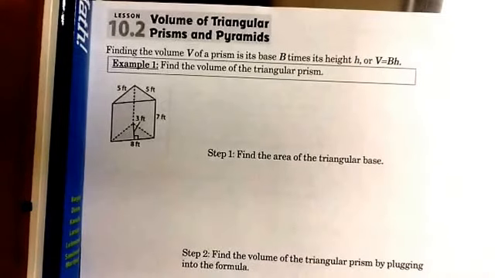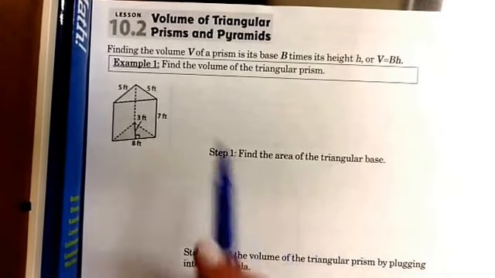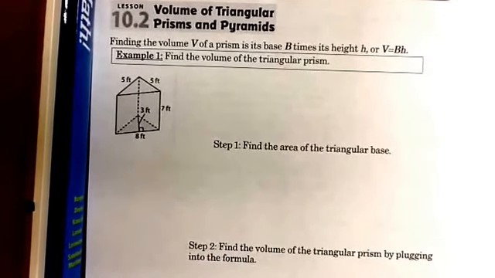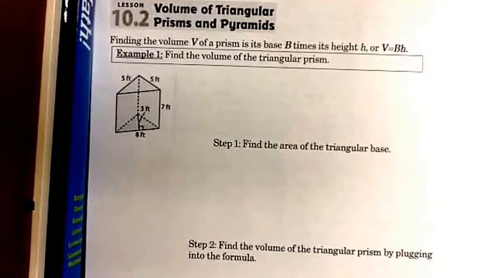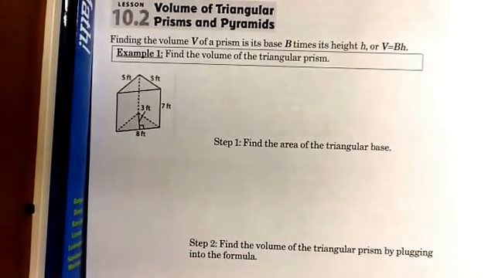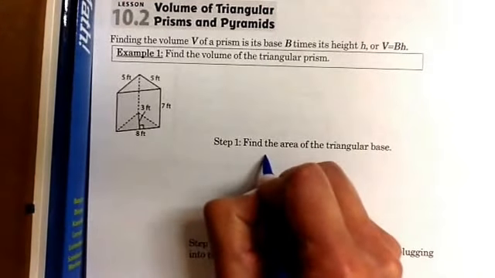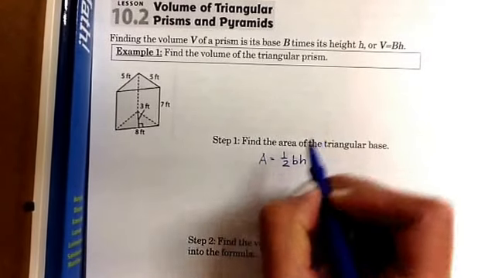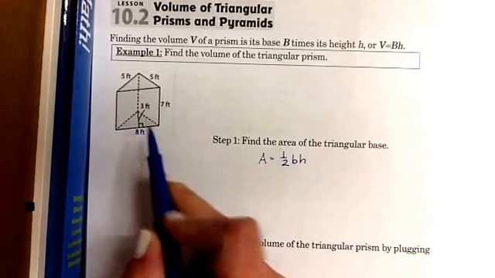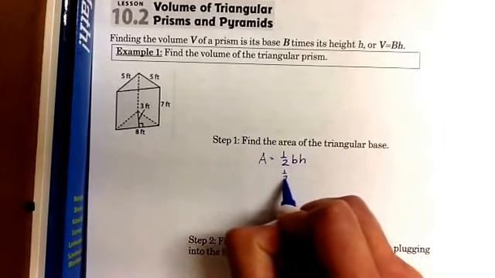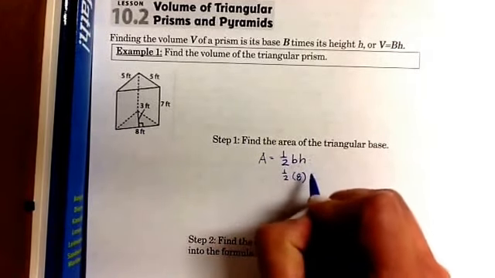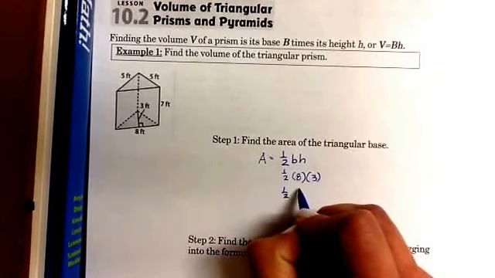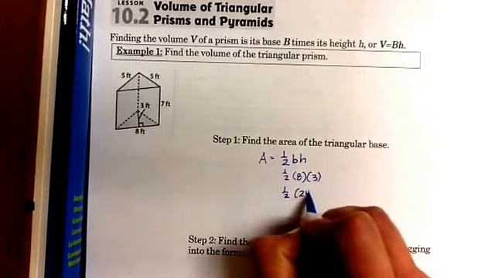In example 1, we're finding the volume of this triangular pyramid. Step 1 is to find the area of the triangular base. So the formula for area of a triangle is half of the base times the height, because our base is triangular. So our base is 8, our height is 3, so we'll be taking half of 8 times 3, which is 24.